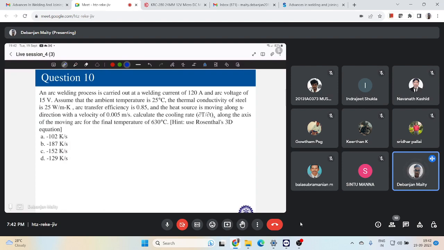You need to calculate the cooling rate. For the final temperature of 630, so you have your final temperature, you need to calculate the cooling rate. So I mentioned that equation, do you remember that, for Rosenthal's 3D?